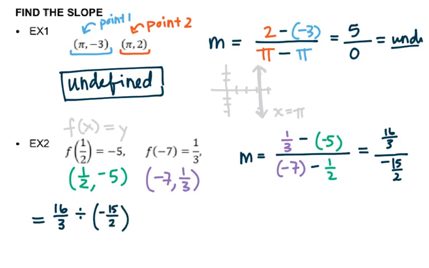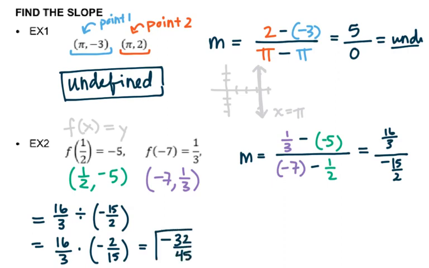What we need to remember is that division is the same as multiplying by the reciprocal. So we copy, change, flip, and I can rewrite this as 16/3 times -2/15. And then we can multiply straight across. So -32 over 45, which is not simplified. This fraction does not reduce.